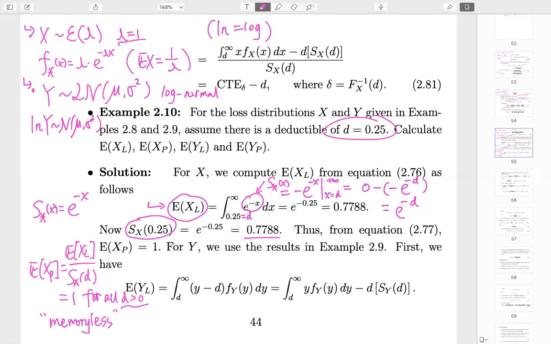This is true for any D. It doesn't matter how far away you are into this game. The probability that you will leave for the future is the same. So that's why we call this memorylessness. It's convenient, but unlikely to be realistic in the modeling of risk.